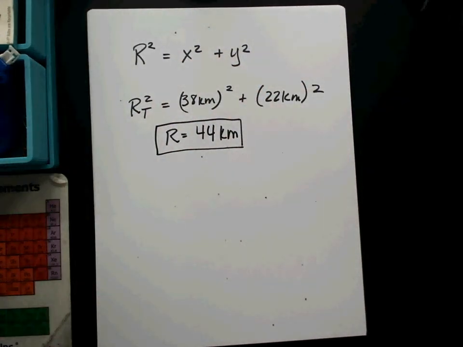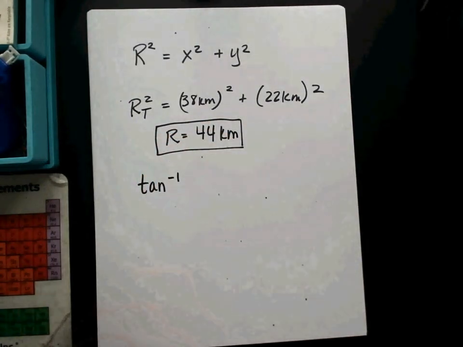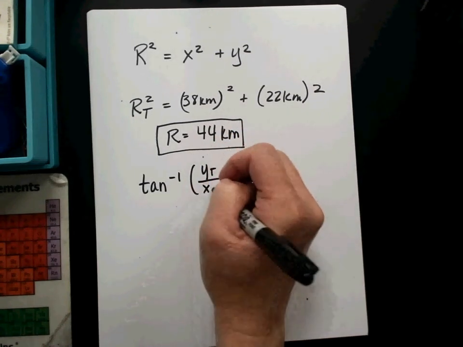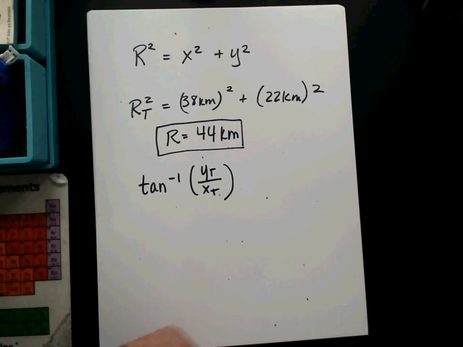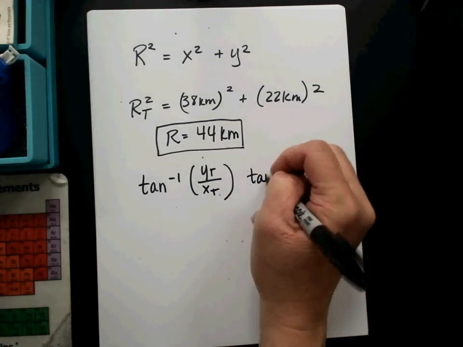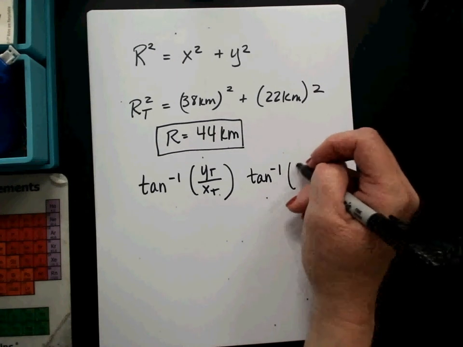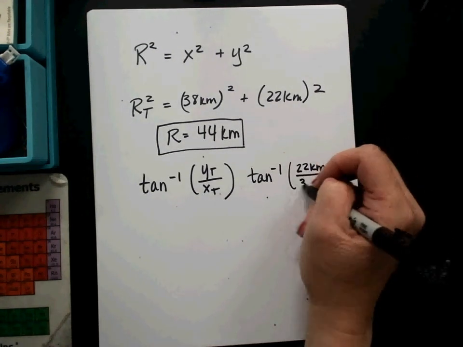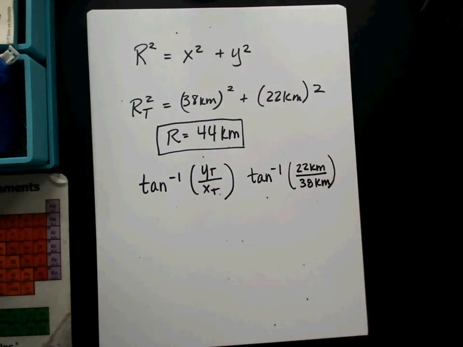Okay, so now we have R, but we're not done. We need to find our degrees. So we're going to use our tangent inverse of the y total over x total, or opposite total over adjacent total, which was tangent inverse 22 kilometers over 38 kilometers, is that right?